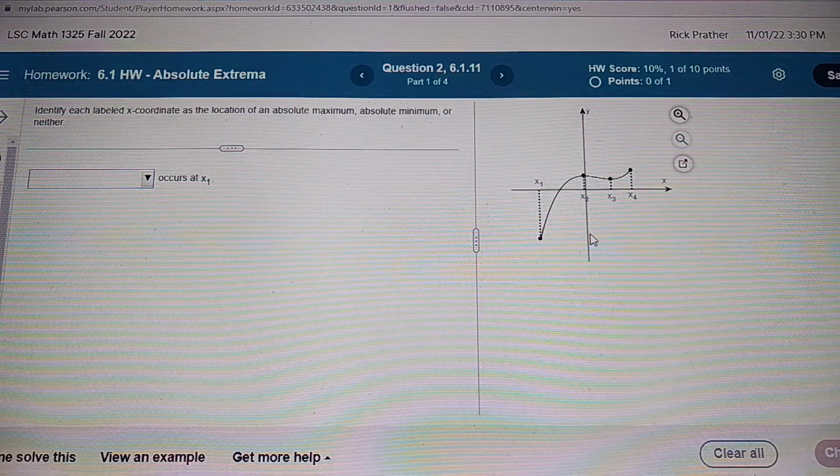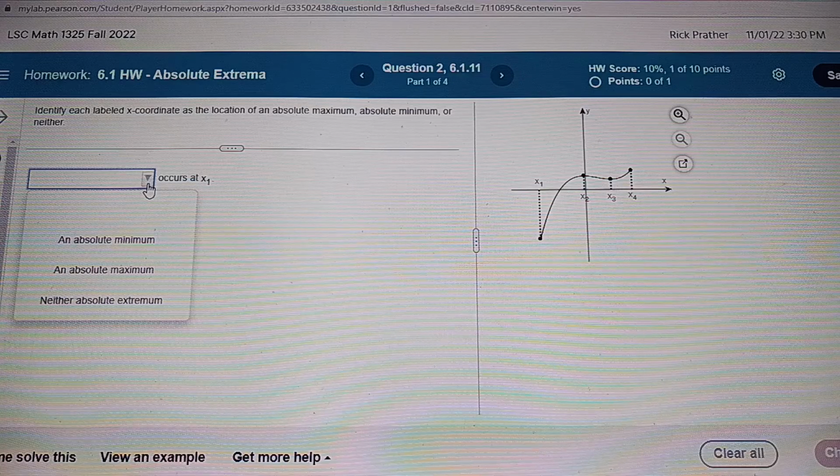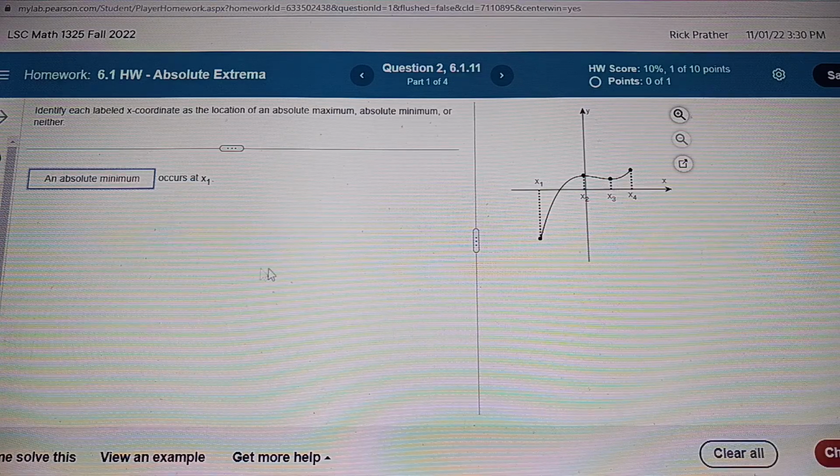But if I knew what this y value was, either by looking at it or plugging it back into the function, then I would say the absolute minimum value is this negative y value, and it occurs at this negative x value, if they want both the location and value of it. But here we just have to say that x1 is an absolute minimum.